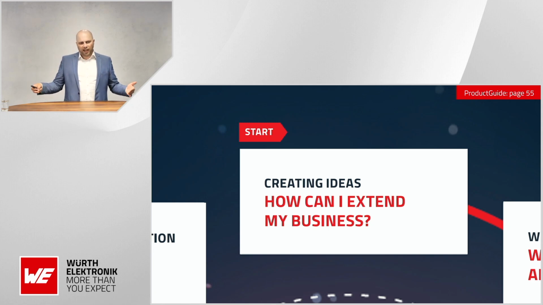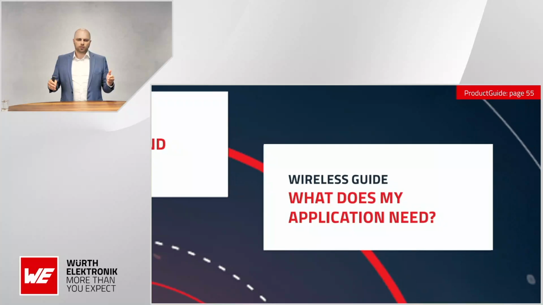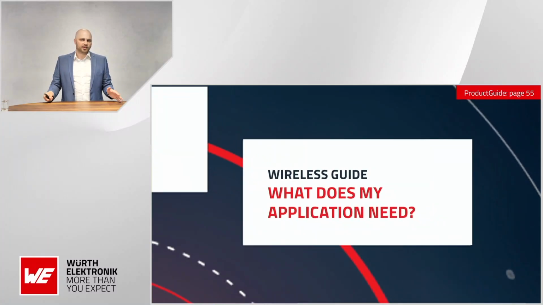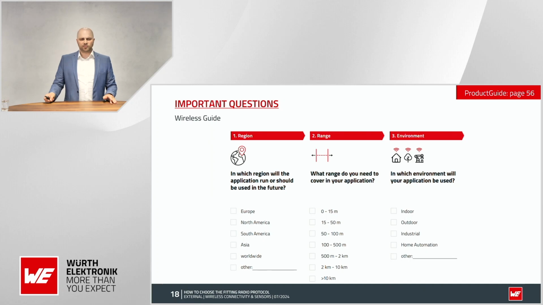And now, after we have an idea, we have to check what is needed in my application. Therefore, I have a few questions you should ask yourself, or you should ask the project team, to clarify what is the fitting solution. First of all, in which region should the device be sold?